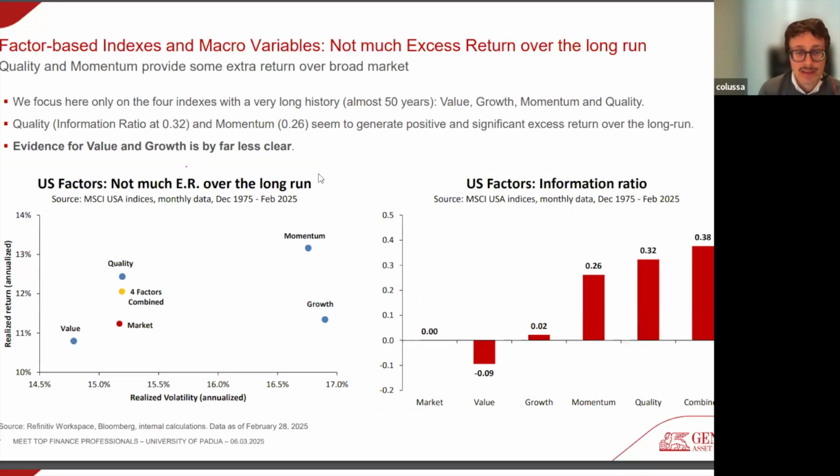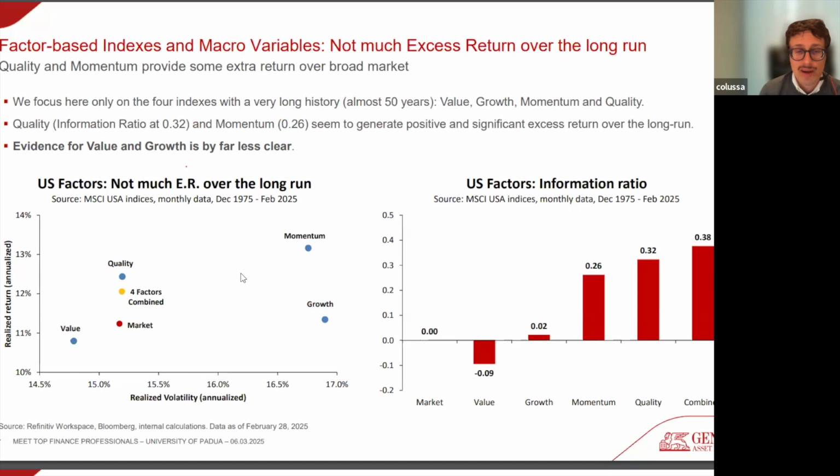You can see that indeed quality is a factor that tends to have more or less the same volatility of the market, but a higher return. You see the dot is basically exactly above, almost 2 percentage points higher, and we can definitely say it's very attractive to be invested in quality. It has been the case for most of the past 50 years.